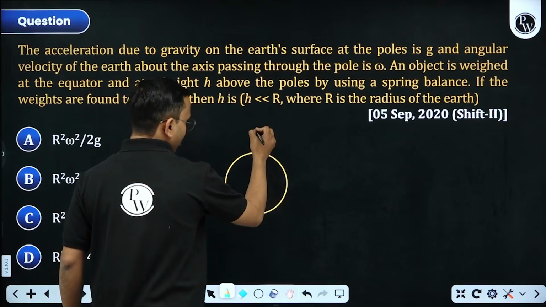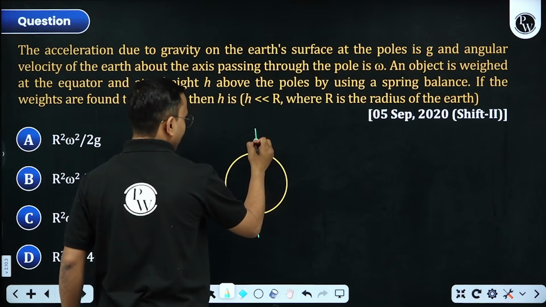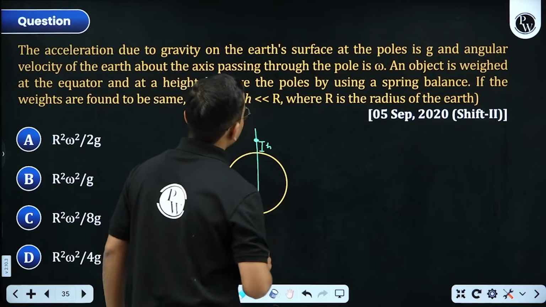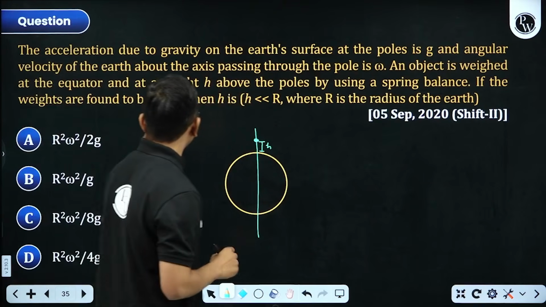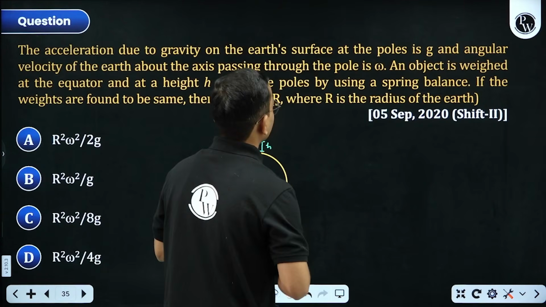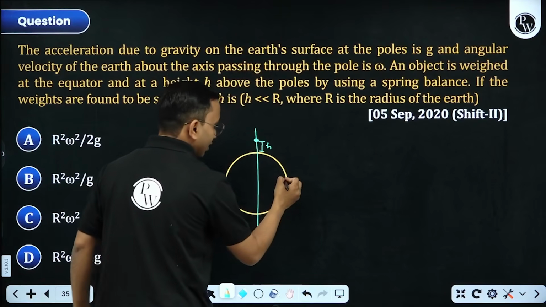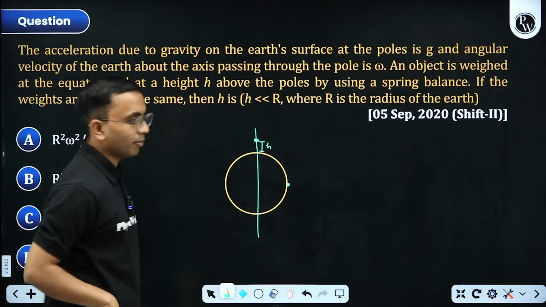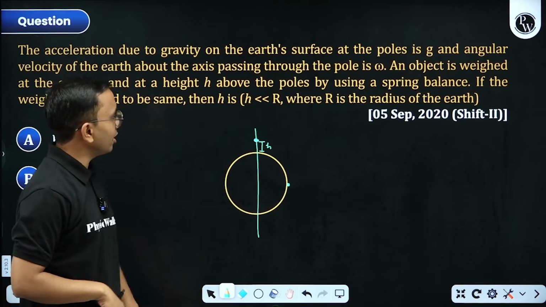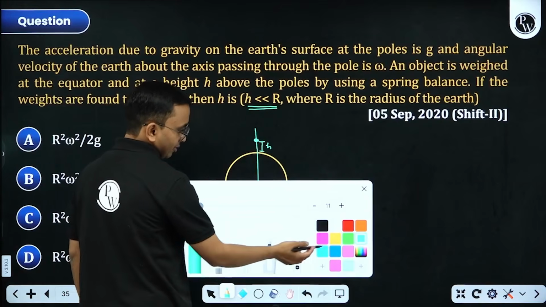If the weights are found to be the same, then h is? So at the equator here and at this point, the weight comes out to be the same. It means g effective is the same at both the places. This assumption is given to us, so we will use that.